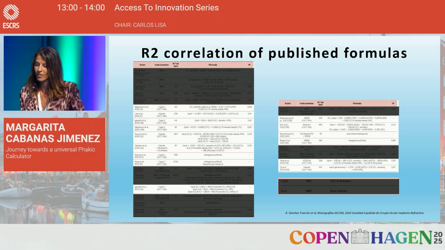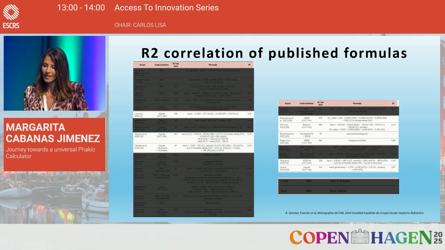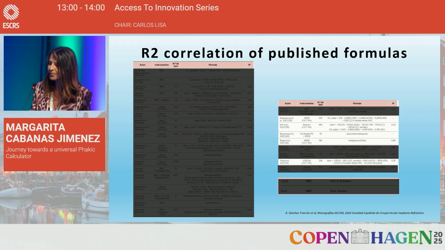OCT is more common, okay, but results vary a lot. The same patient with different OCT should have different data. So, if we don't have an OCT like the Cassia 2 or a very new generation, we lose about 70% of those formulas. All right, let's see what we can make with the remaining 30%.